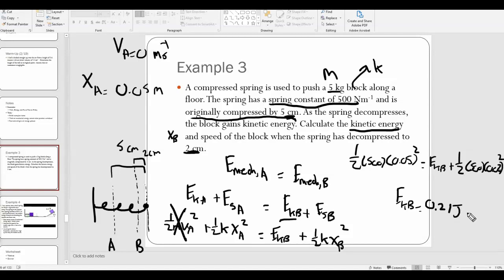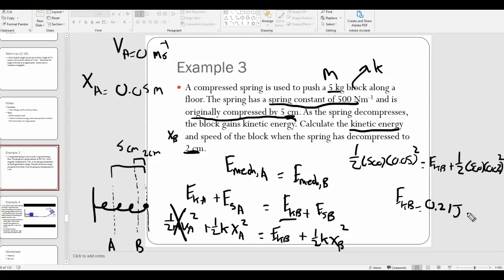I'm just going to make sure that that's correct. 0.02 squared times 0.5 times 500. Okay, so there you go. So that is the kinetic energy of the block when the spring is decompressed to 2 centimeters.